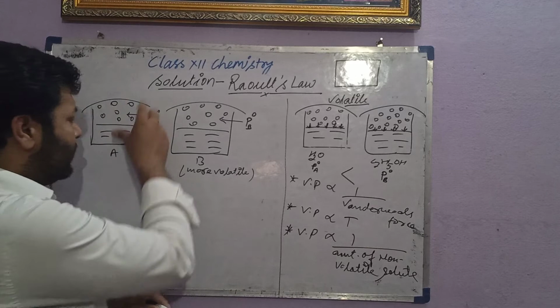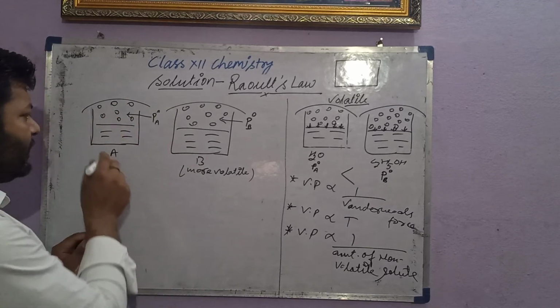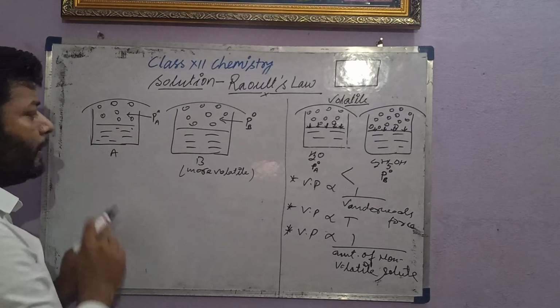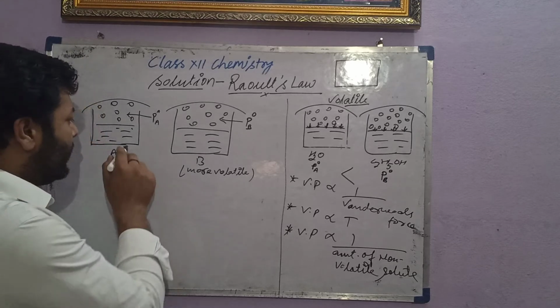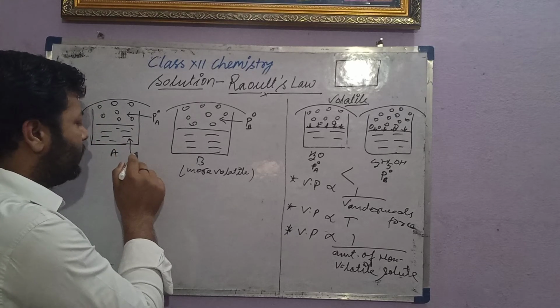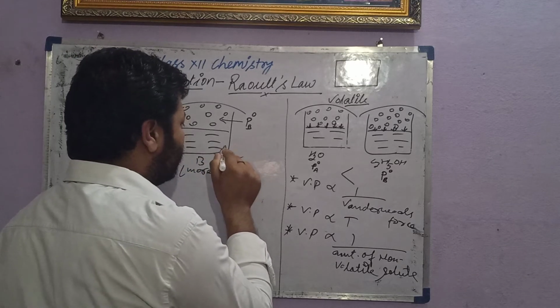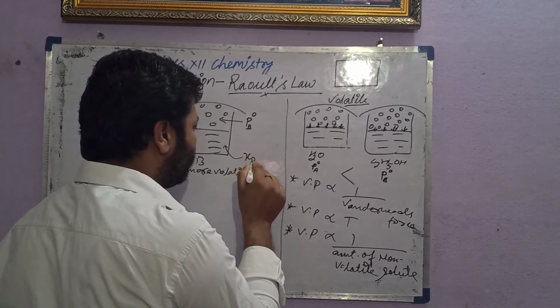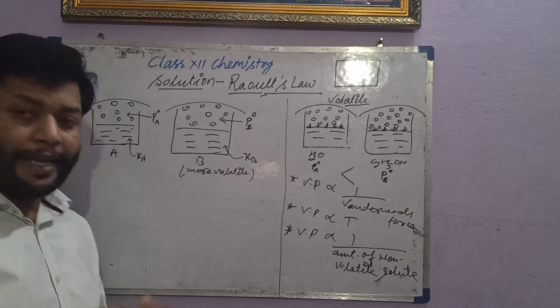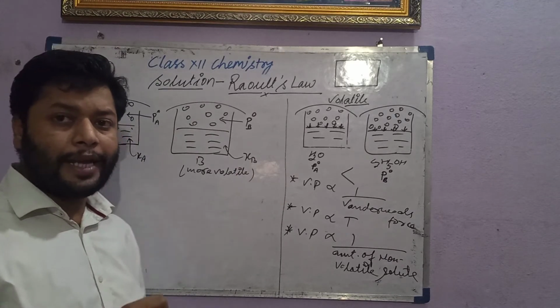The vaporization of this liquid always depends upon the molecules of A. So there is a mole fraction termed as XA, and there is a mole fraction termed as XB.